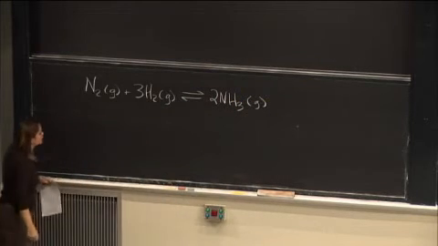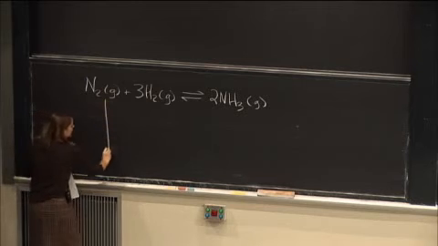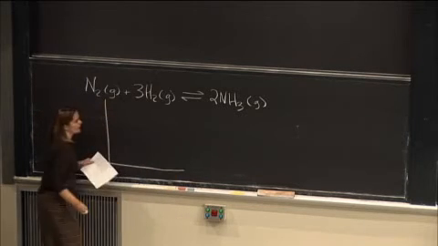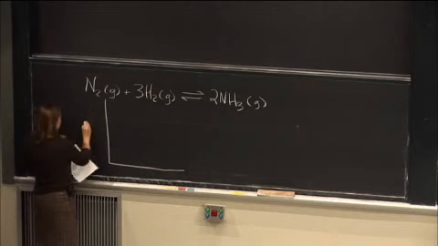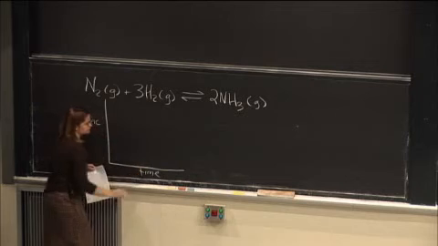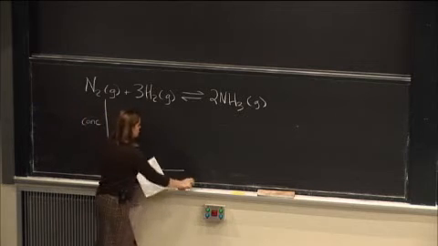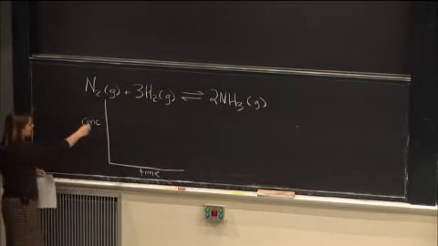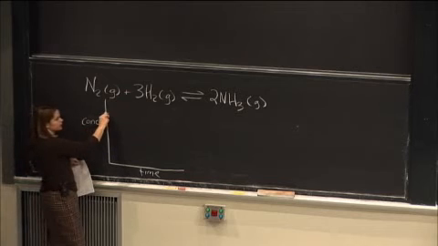Suppose we just start with nitrogen gas and hydrogen gas, and we don't have any ammonia. So if we consider concentrations versus time, say we start with some concentration of nitrogen gas.